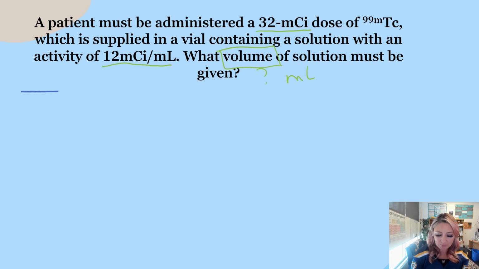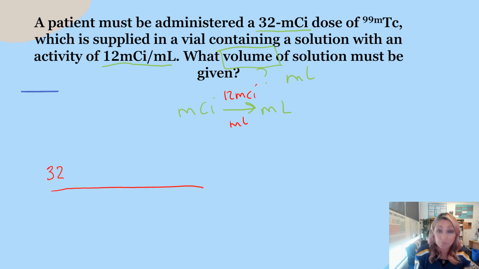All right, so we are starting in millicuries, but I am trying to find milliliters. And to convert from millicuries to milliliters, I have this conversion factor, 12 millicuries per milliliter, that I'm going to use. So let's go ahead and set up our T-chart. We need 32 millicuries for our dose.